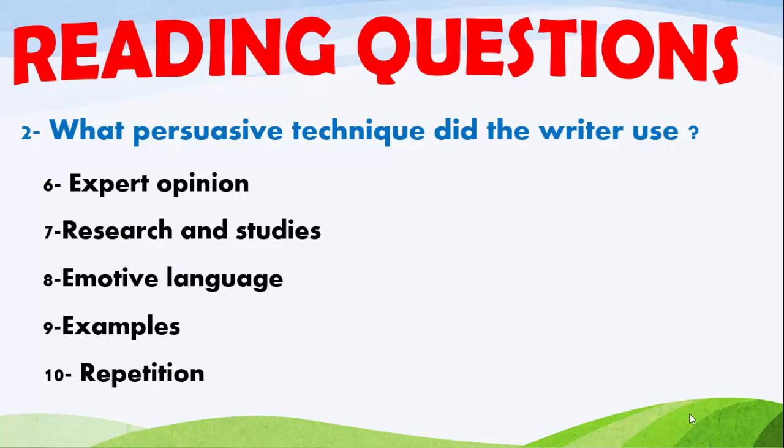Figurative language can also be used as a persuasive technique. So you have to know these persuasive techniques to be able to say the name of the technique and in which sentence you found it, because this question is scored with 2 marks. The first mark is for the name of the technique, and the second mark is for the sentence that the technique was mentioned in. So you have to be able to elicit the technique and know its name.